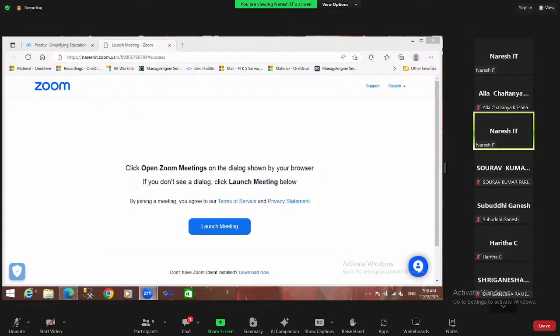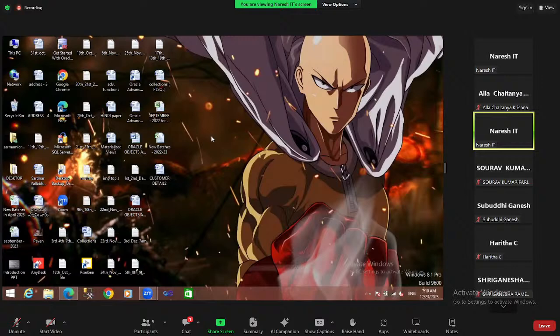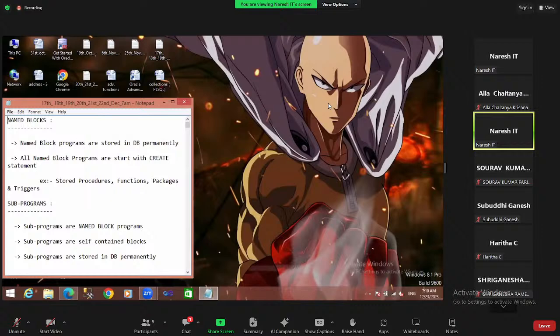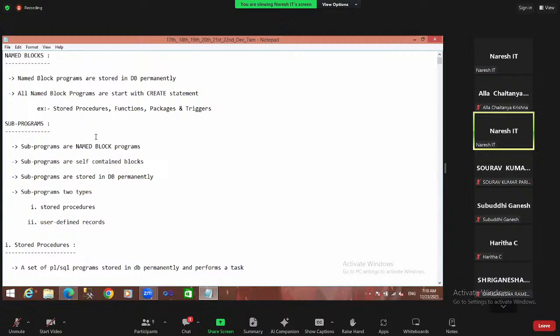What is the meaning of default arguments? Default arguments means while calling or executing the procedures, if we are not passing any value to parameters, then by default the specified value is taken by the procedure automatically.